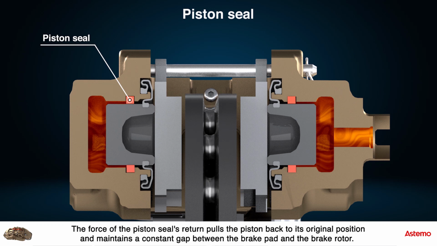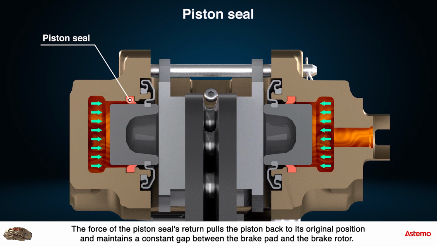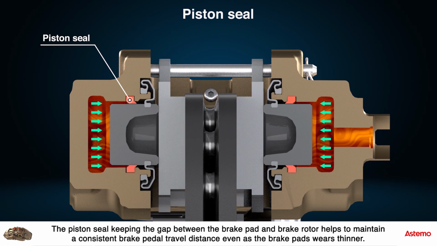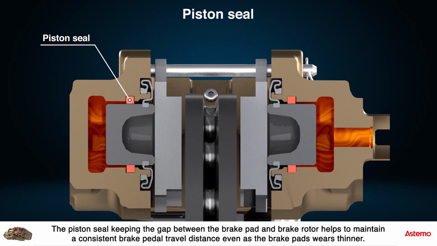The force of the piston seal's return pulls the piston back to its original position and maintains a constant gap between the brake pad and the brake rotor. The piston seal keeping the gap between the brake pad and brake rotor helps to maintain a consistent brake pedal travel distance even as the brake pads wear thinner.